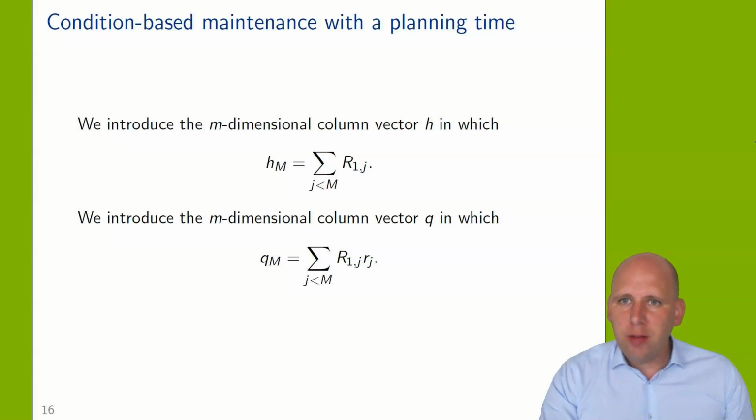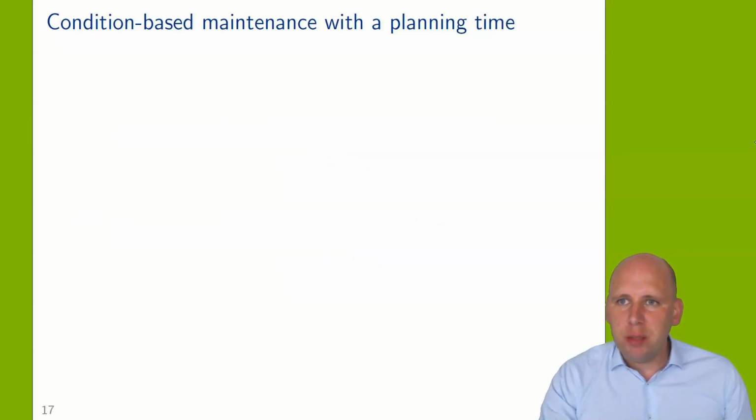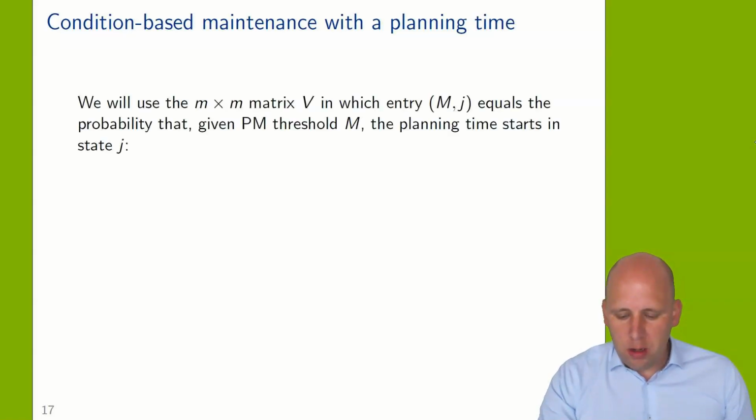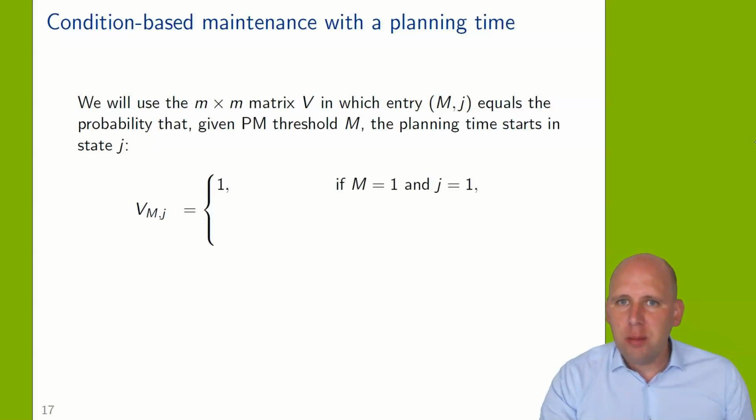A complicating factor in this setting with the planning time is that the planning time can start in any deterioration state above M. We are going to use matrix V, in which entry Mj is the probability that the planning time starts in state J, given preventive maintenance threshold M. There is one special case: if capital M is 1, then maintenance will immediately be planned after the previous maintenance action, and the planning time always starts in state 1.